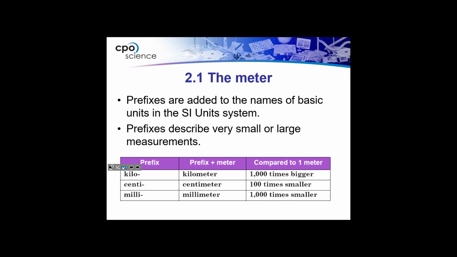So the prefixes, remember from language arts class, pre means in front of, are added to the names for the basic science unit. These prefixes describe very small or very large measurements. Kilo, which is a prefix, as in kilometer, is 1,000 times larger.